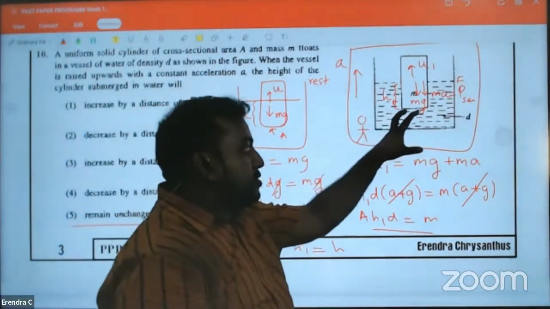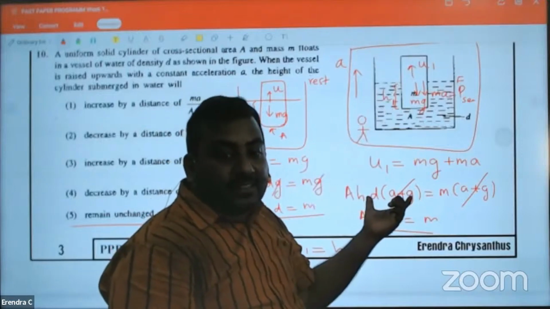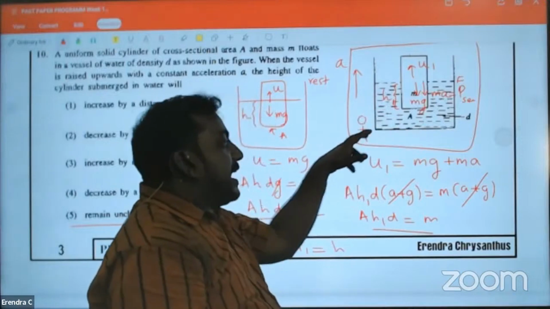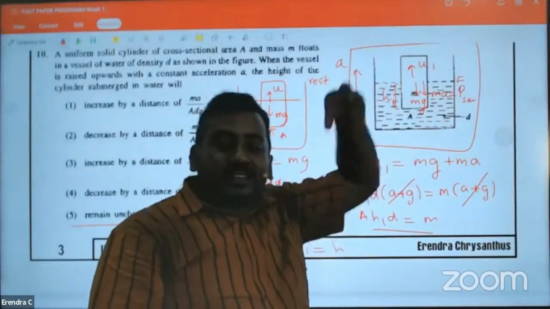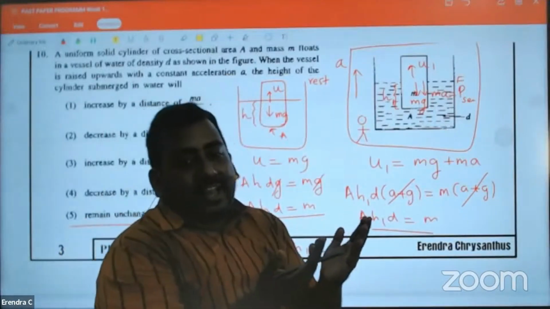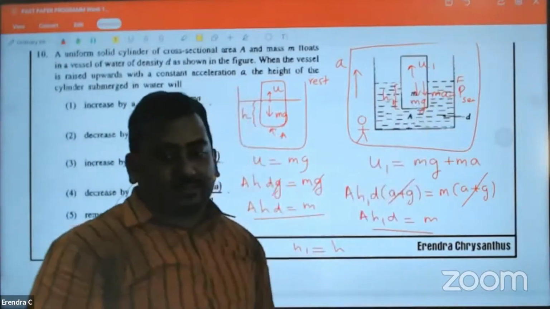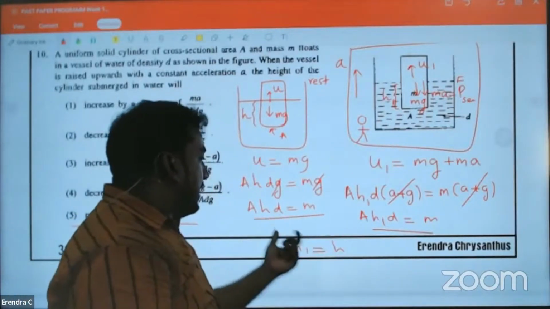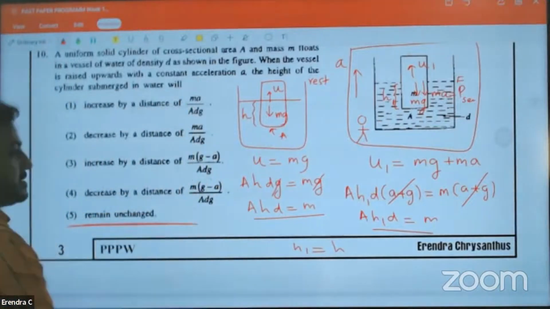What is the key point you should learn here? When this is accelerating, upthrust is also changing. If you are an observer inside, you will experience a resultant force downwards. Pseudo force also downwards. When you are going in a bus, you get thrown backward. Why? There is a pseudo force acting backwards, equal and opposite to the acceleration. From this, these two are equal, A d same, h equals h. The submerged height remains unchanged.